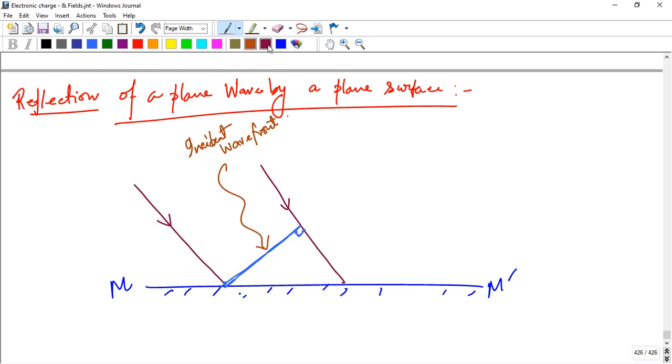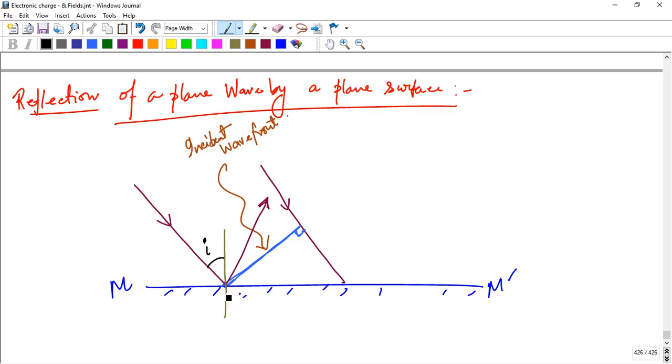After striking, the ray goes back here, and now draw a normal here. These are the normal, and that's the incident angle i.